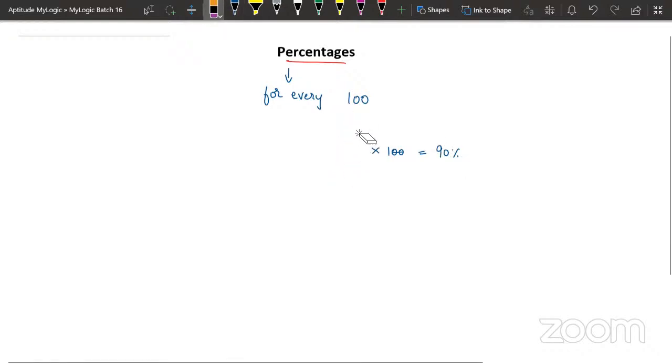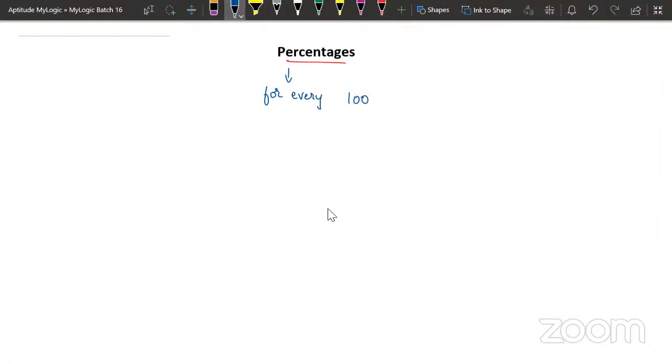Now, how do we use it for calculating various problems? We will see. Whenever a question is given, you are supposed to calculate for 100. And sometimes they will give you that there is a percentage change that is happening. Based on that, old value or new value will be given, and you will have to find out what is required. Here we will have successive percentages, successive discounts, profit and loss.